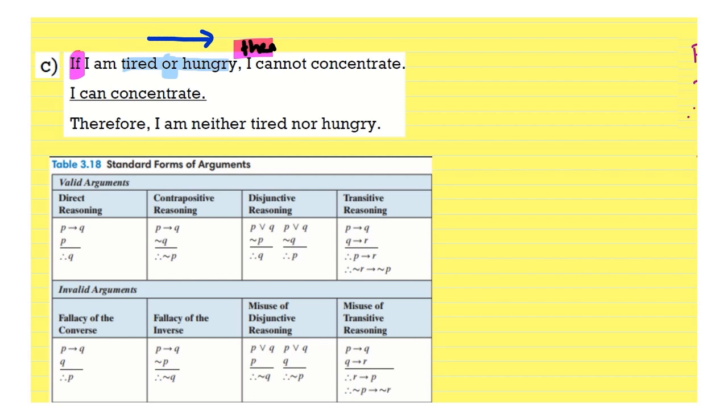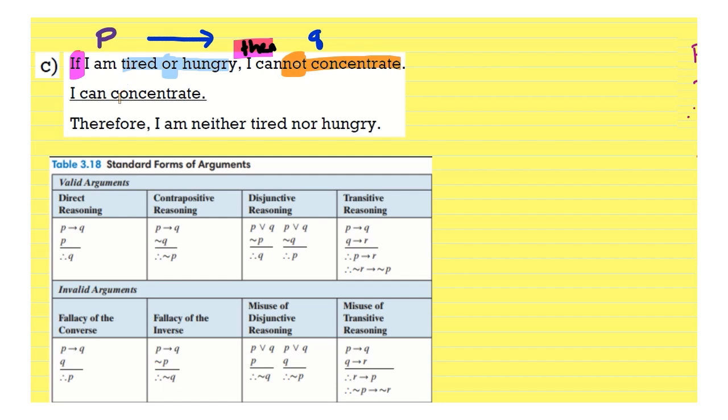So if I am tired or hungry, that's the first thing, then I cannot concentrate. So we do have the word not in cannot concentrate, but I'm still going to just call it Q. If I am the first thing, then I am the second thing, which is I cannot concentrate.